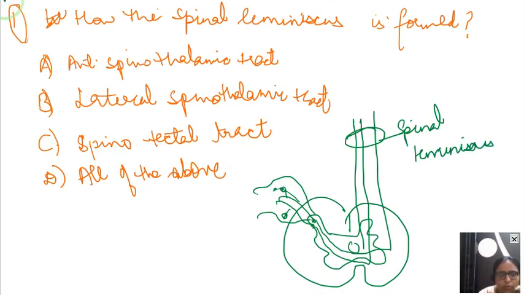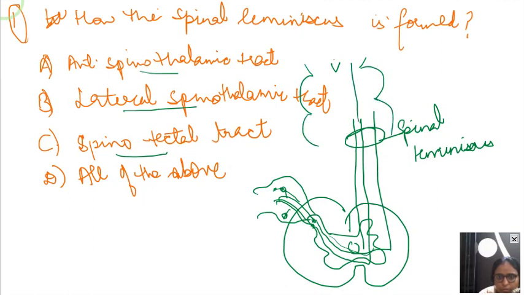So the answer would be your anterior spinothalamic tract, your lateral spinothalamic tract, and your spinotectal tract, which is formed from here and goes up to the tectum in the midbrain. For example, midbrain, pons, and medulla.